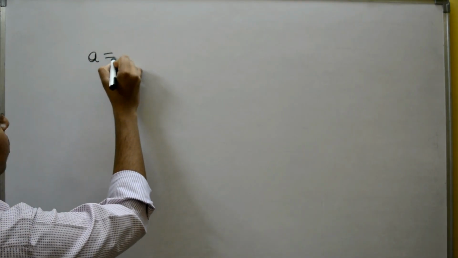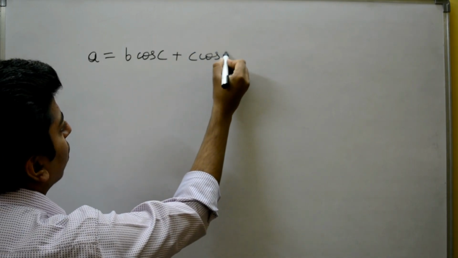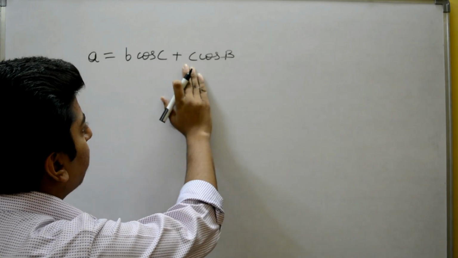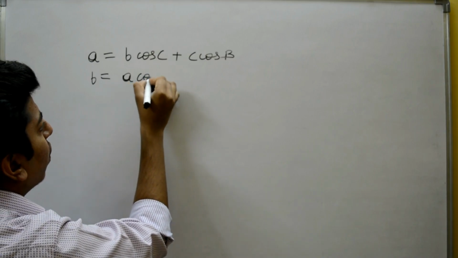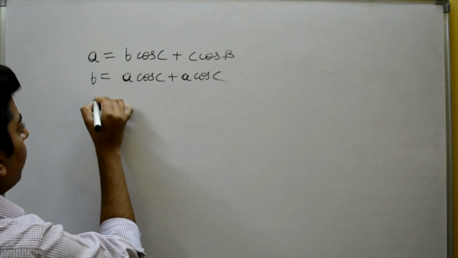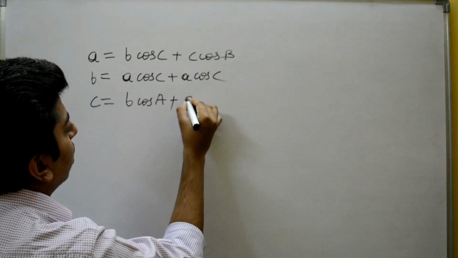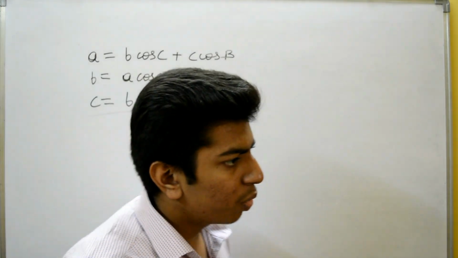According to these rules, A is equal to B cos C plus C cos B. B is equal to A cos C plus C cos A, and C is equal to B cos A plus A cos B. Okay, this is all the projection rule.